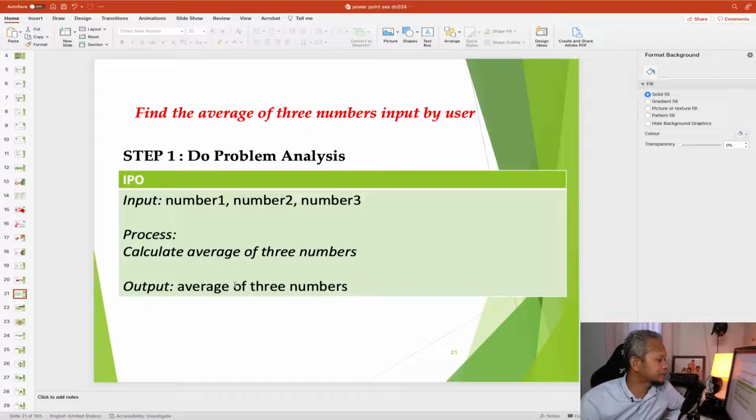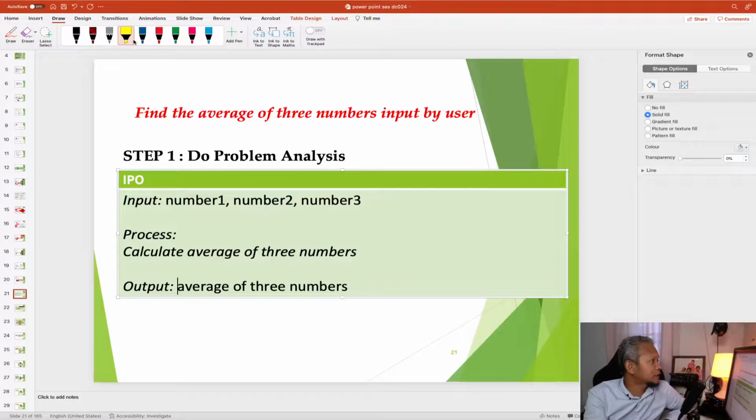That is fine. Second, you need to know what the input is. For input, you use number 1, number 2 and number 3 to represent the memory space to keep the data entered by the user. And the process: calculate the average of 3 numbers, based on number 1, number 2, number 3.